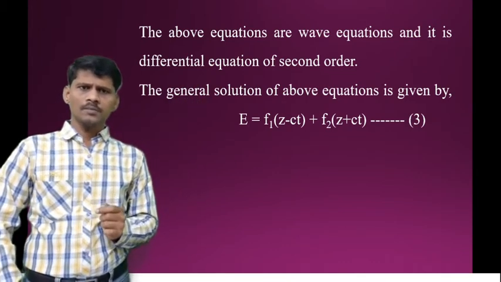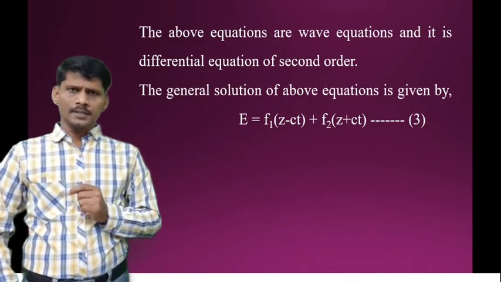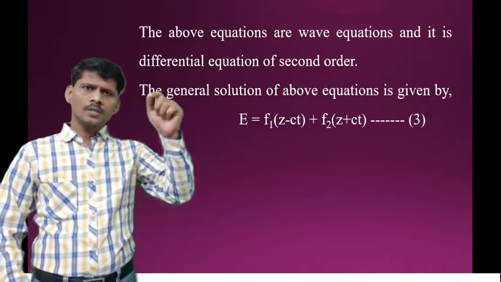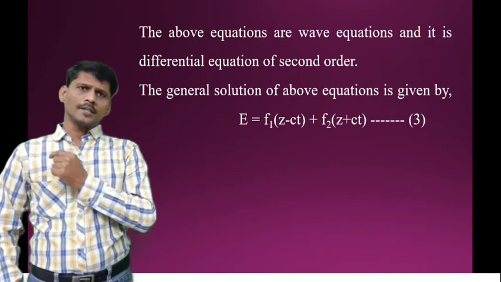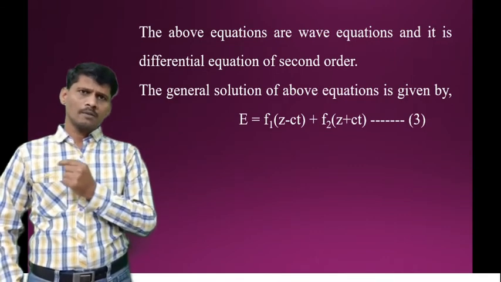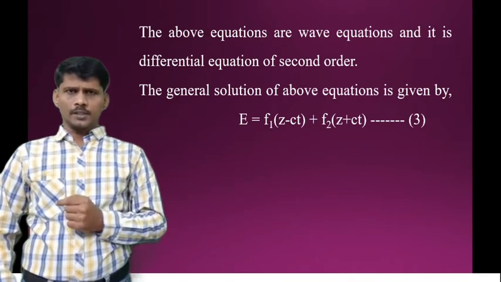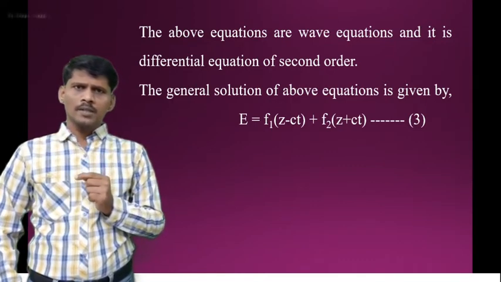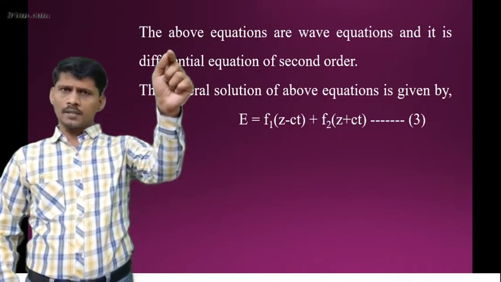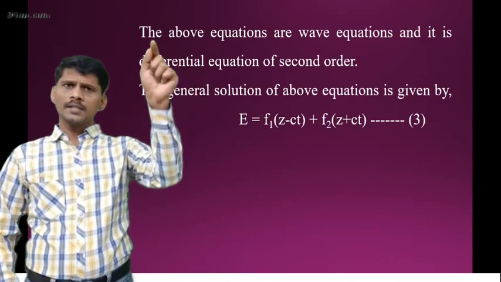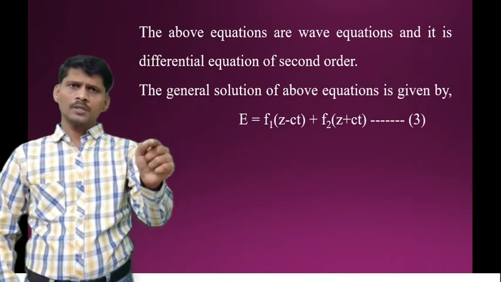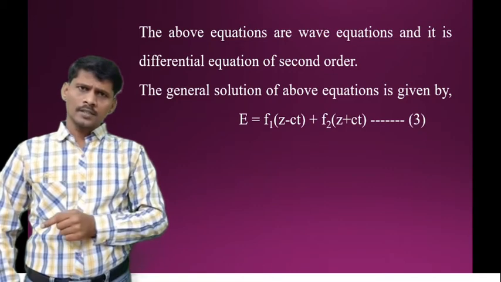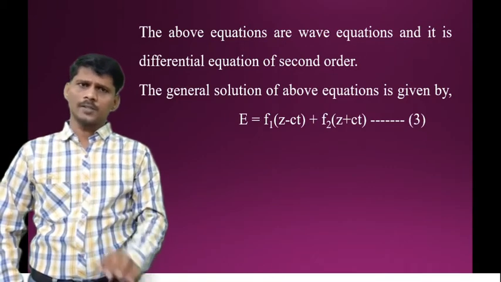The second term, F2 of z plus Ct, indicates the wave is traveling in the negative z direction, the backward direction.